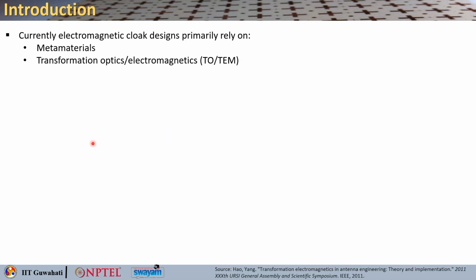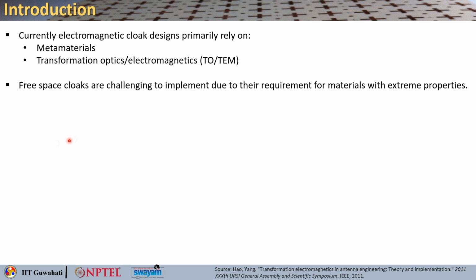Currently the electromagnetic cloak designs primarily rely on metamaterials and transformation optics or transformation electromagnetics. Free space cloaks are challenging, as we have discussed earlier also.